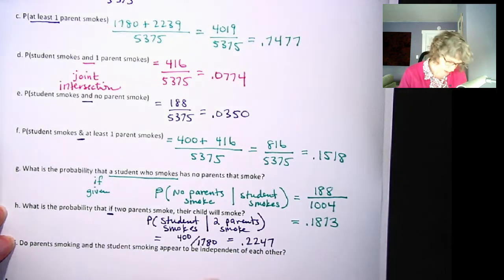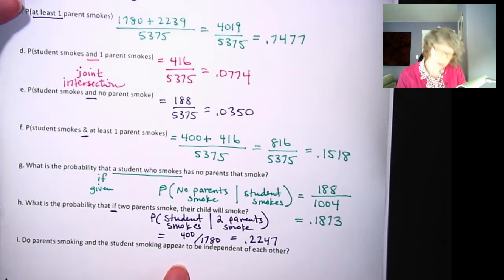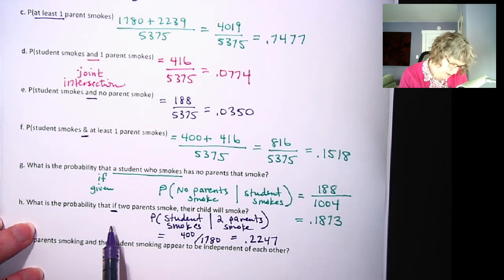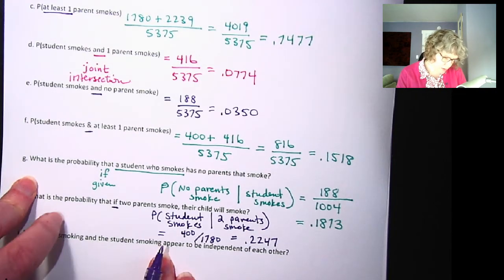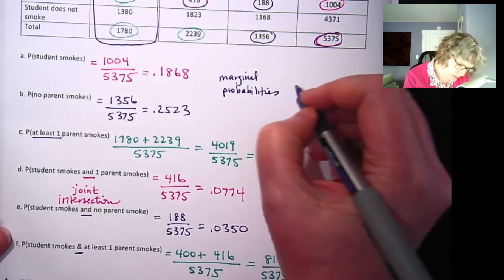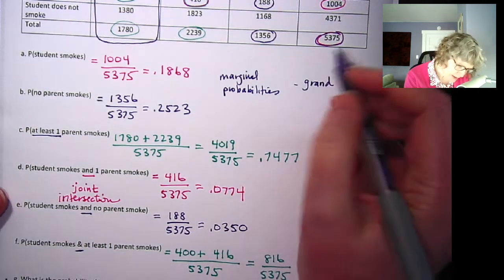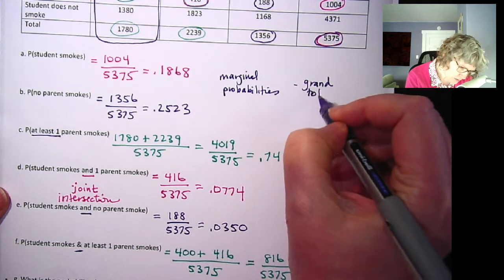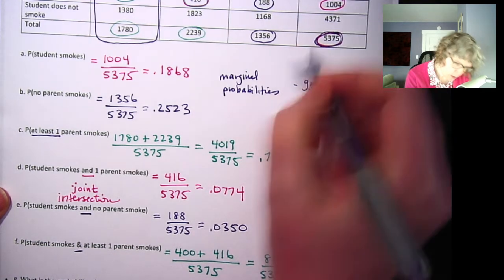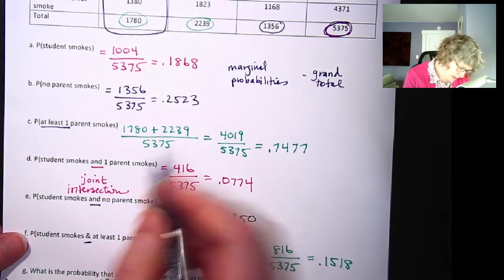I have another video that's going to go through the independence test with you. Let's summarize here. We had marginal and joint probabilities, and those all use the grand total. I find that's one of the biggest mistakes people make: which total do I use? Marginal uses the grand total, what I call the total of all the totals. Joint also uses the grand total.